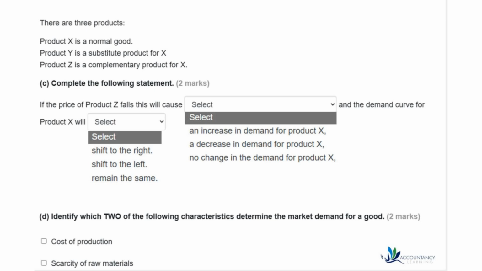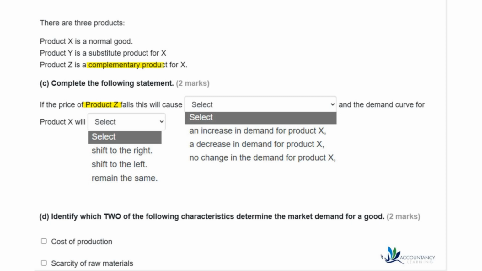There are 3 products. Product X is a normal good. Product Y is a substitute for product X, and product Z is a complementary product for X. Now we need to complete the following statement. If the price of product Z falls, this will cause, and we need to decide, an increase in demand for product X, a decrease in demand for product X, or no change in the demand for product X? It's the price of product Z that is falling, so this is the complementary product.